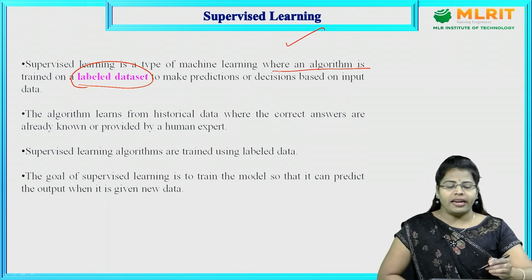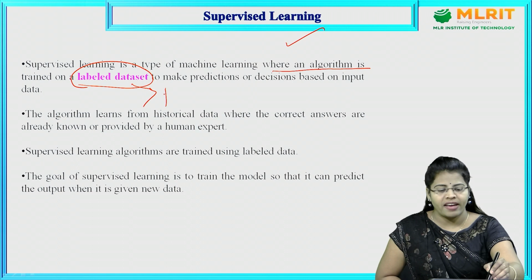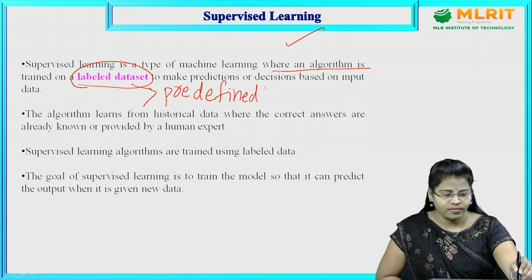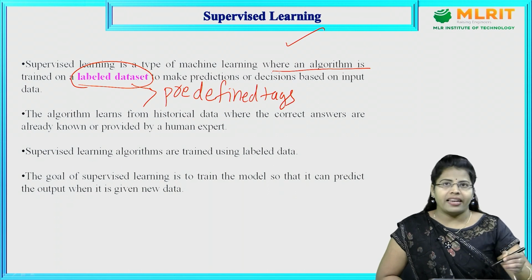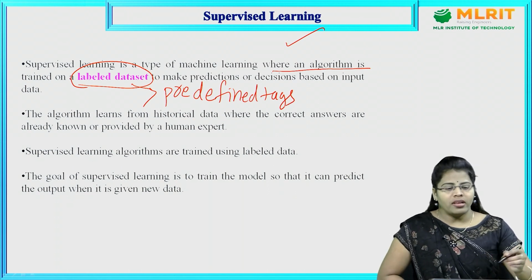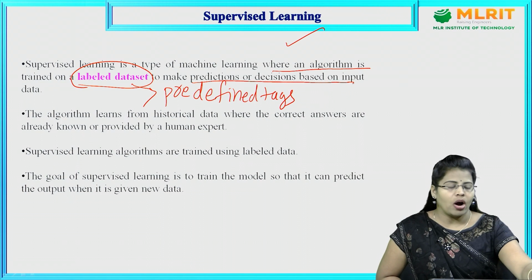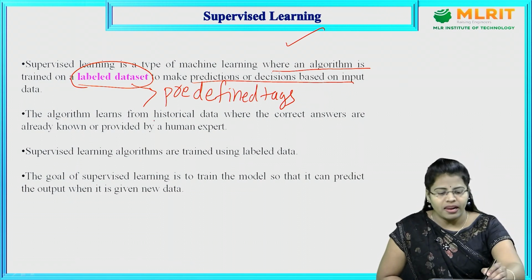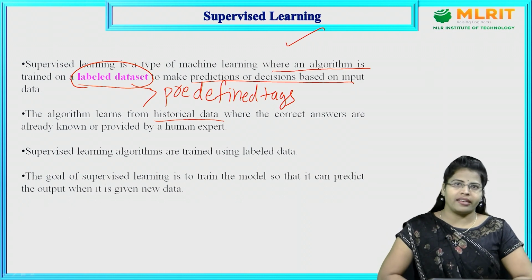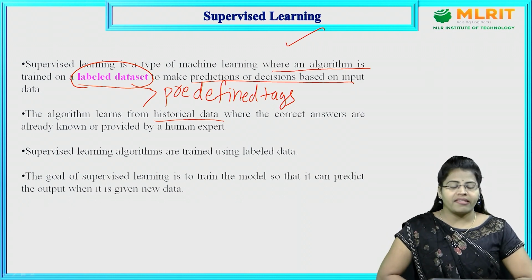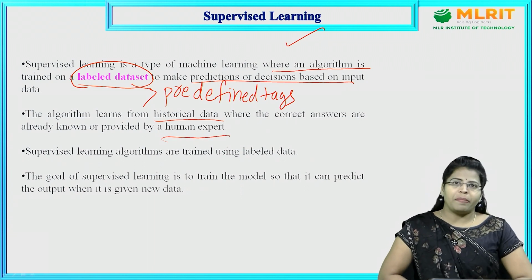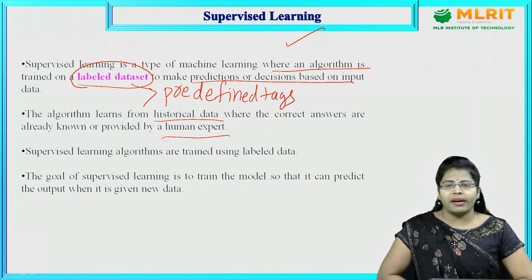The labeled data set is nothing but data having predefined tags like name, type or number, which is going to predict the output based on a given input. The algorithm learns from the historical data where the correct answers are already provided by a human expert. So based on the previous data, it is going to predict the output of a particular input.